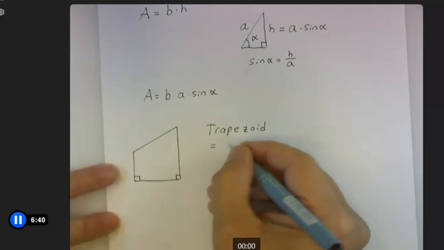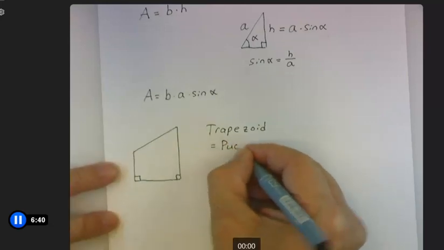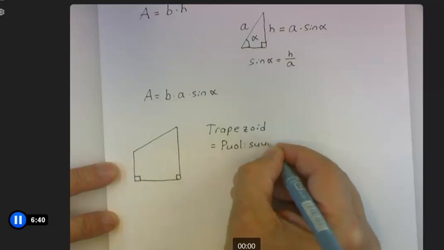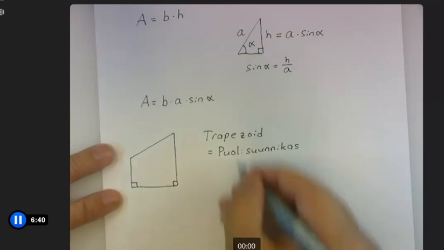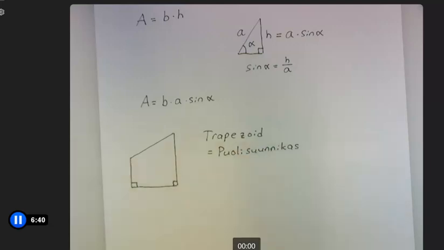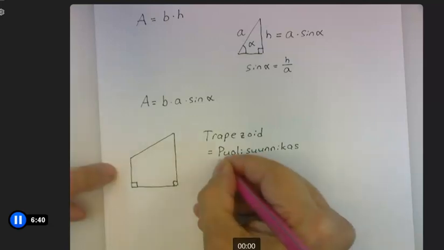Nowadays it is mostly called in Finnish puolisuunnikas. Puoli is half and suunnikas is the parallelogram. So this is some kind of half parallelogram. Yeah, it makes sense.